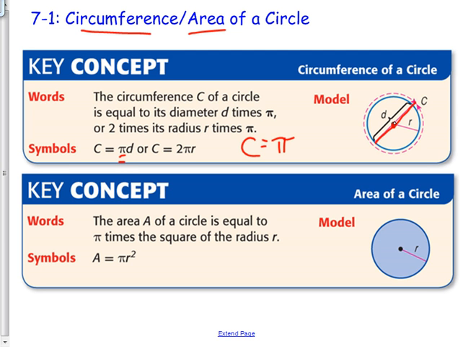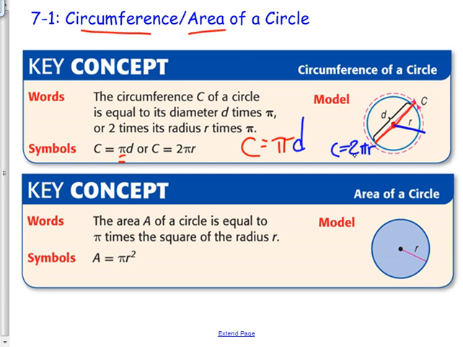Now, if you don't know the diameter, but instead they give you the radius, that is just from the center of the circle to the edge of the circle. So you can think of that as half of the diameter. So we can either do circumference equals pi times the diameter, or if you don't know the diameter, but instead you know the radius, we can do circumference equals 2 times pi times r.